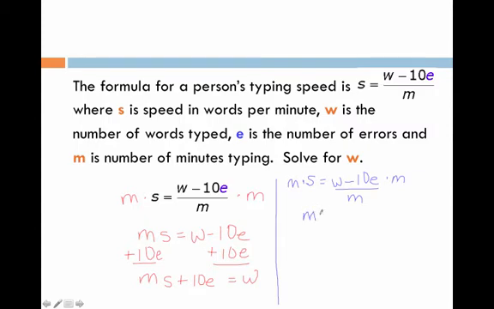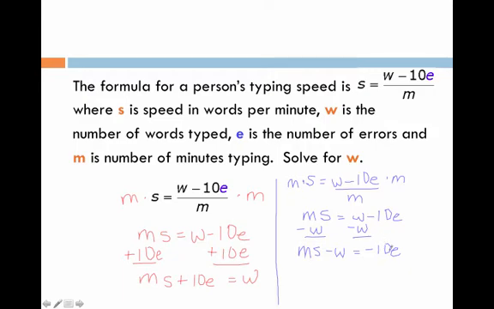So MS equals W minus 10E. Well, then I'm going to get rid of my W by subtracting W from both sides. My W's gone over here, so I have MS minus W equals negative 10E.